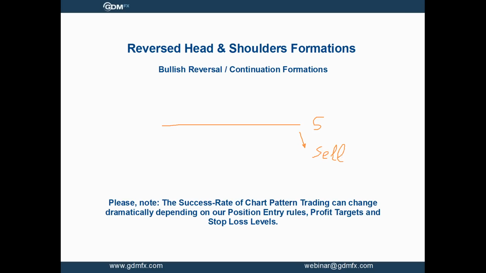What we want to see is one candle opening above the support line and closing below it. So we need to see it open above here. It's going to be our open. We need to see it close below the support line.